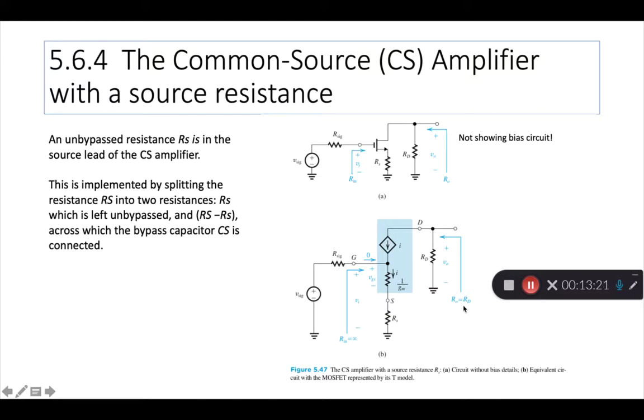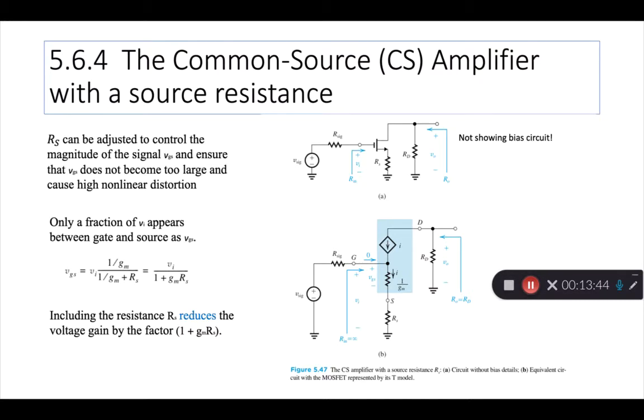RO equals RD, and this is the output across the drain. If you connect a load here, then obviously the same VO applies to the load also, but the effective resistance here becomes a parallel combination of RD and RL. So that's what you should remember about the CS amplifier with a source resistance.